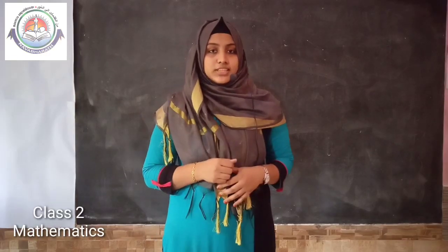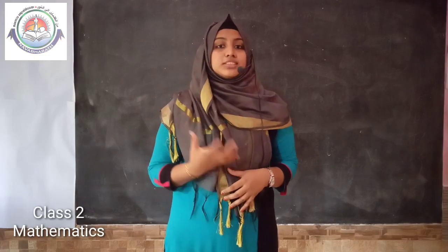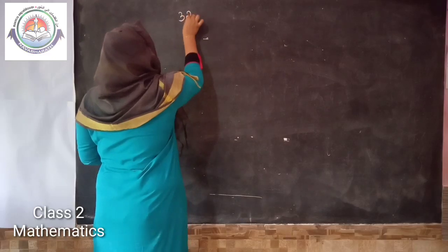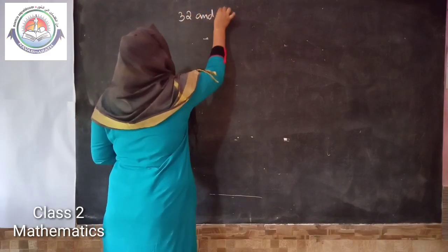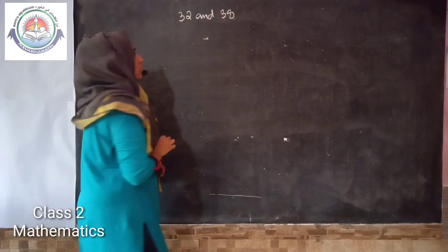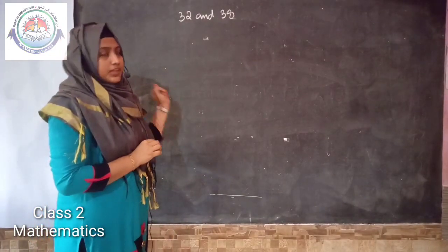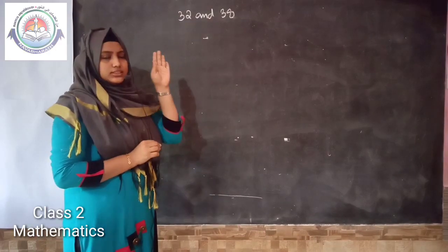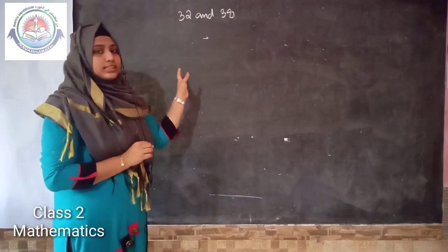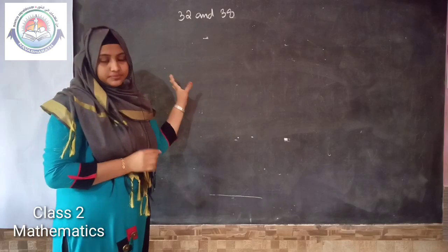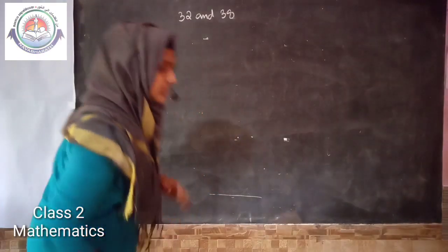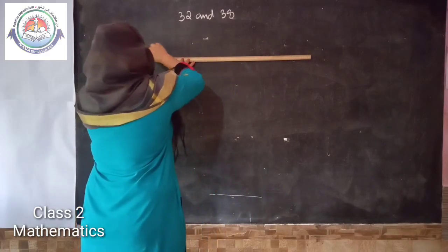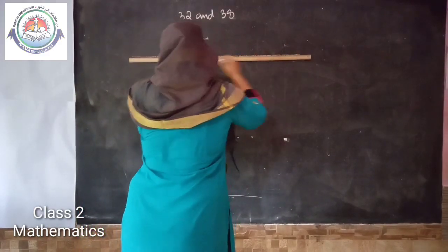Here we are going to say which is greater and which is smaller by using a number line. Numbers 32 and 38. We don't know which is greater. From the number line, we can easily say which is greater. So I'm going to draw a number line.